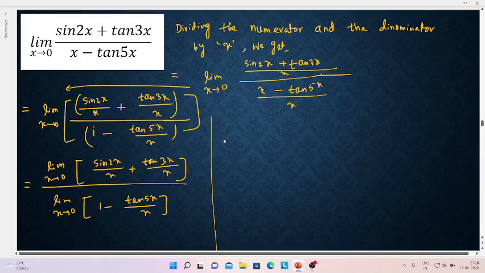Now we know that if two functions are added or subtracted, then we can apply the limit to each function.